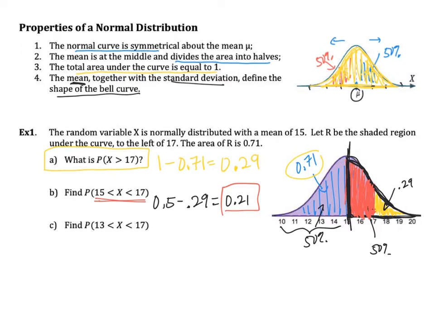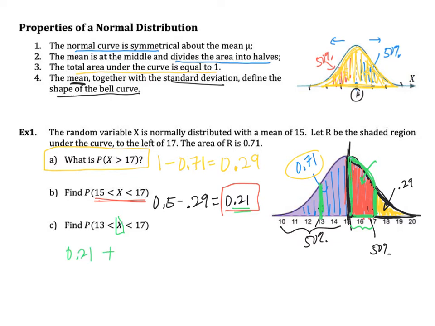And finally, let's look at our last example. What is the probability that the values of x are caught between 13 and 17? So 13 is where and 17 is where? We just saw that the red part, from the average 15 to 17, is 0.21.